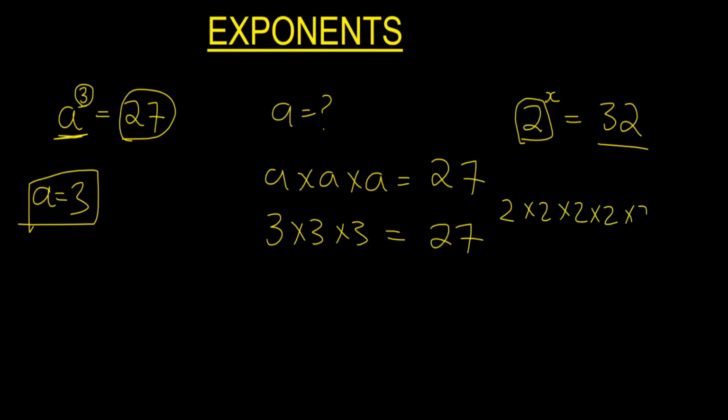You can see 1, 2, 3, 4, 5. I know that 2 to the power 5 is 32, but you can calculate that. To get 32, I multiply 2 5 times. So it's 2 to the power 5. Therefore, x is equal to 5. You can use your calculator to do this.